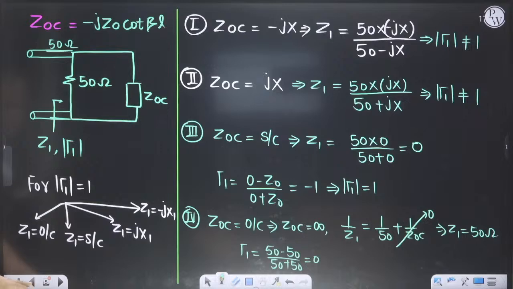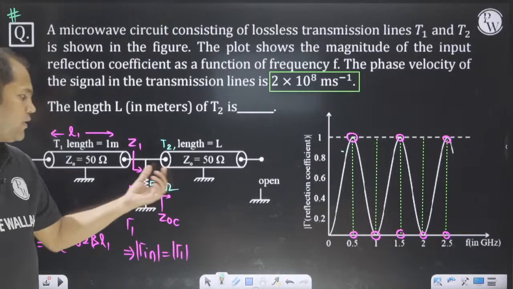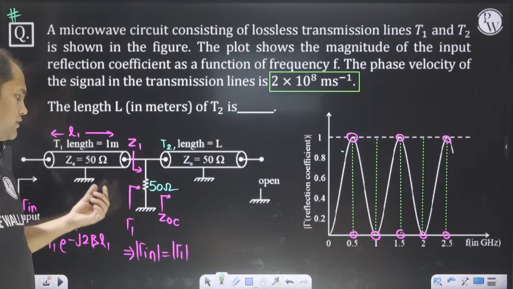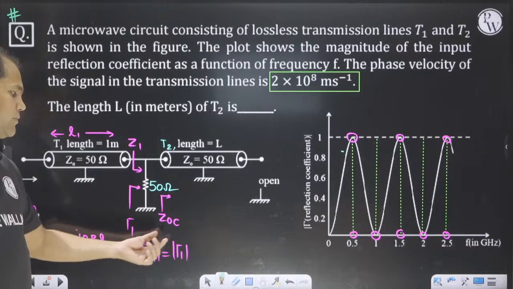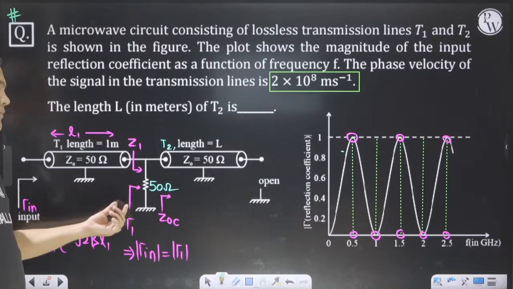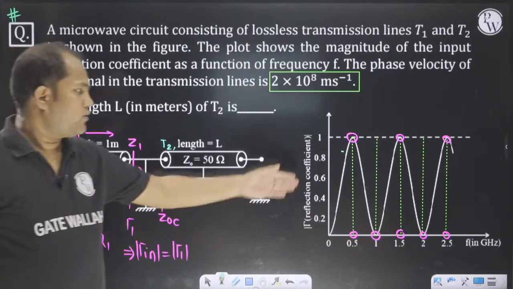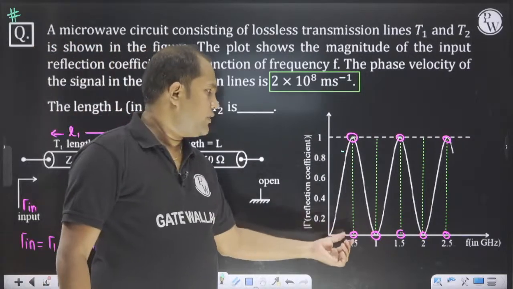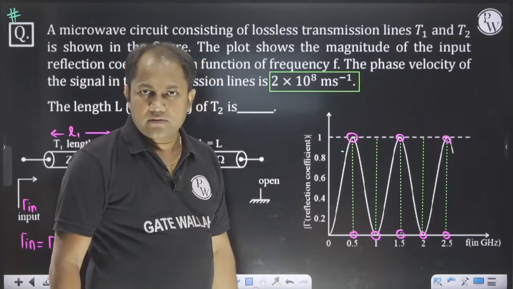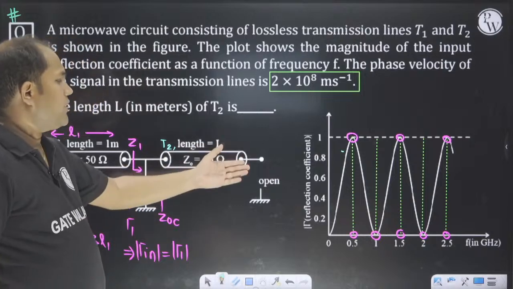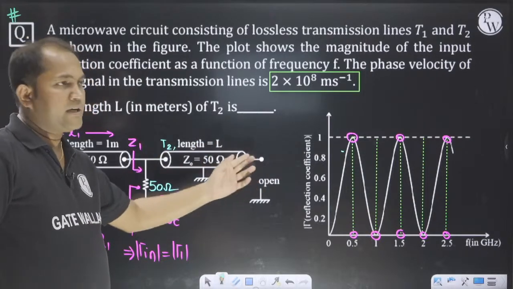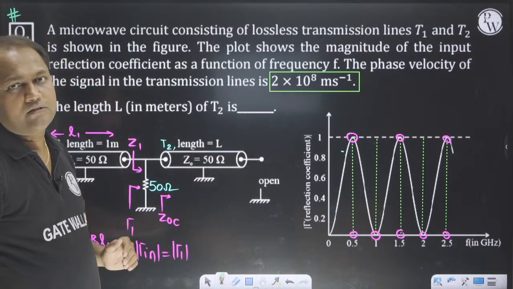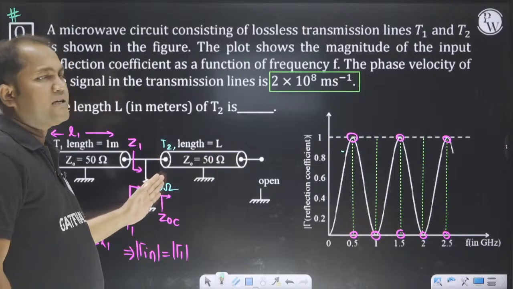So nothing we have done. We have just found out the magnitude of reflection coefficient, so that the magnitude of reflection coefficient input or gamma 1 is the same. Then we are trying to find out where the reflection coefficient will be 1. The reflection coefficient will be 1 when this open circuit behaves like a short circuit.